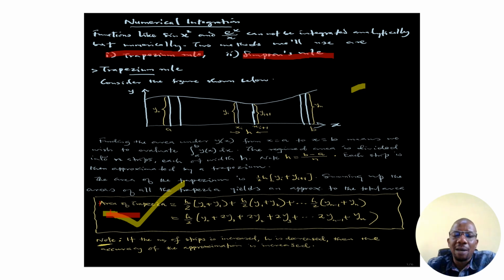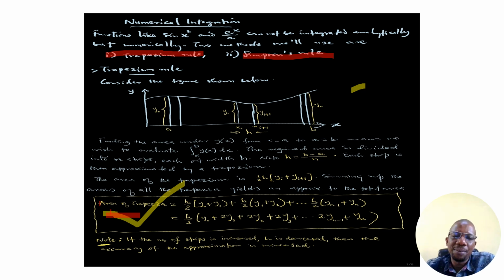So for this figure, summing up the areas of all the trapezia that we obtain by dividing the curve into strips, the sum of these trapezia is equal to the integral of the function.